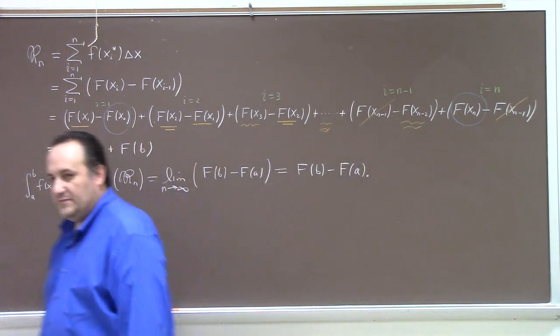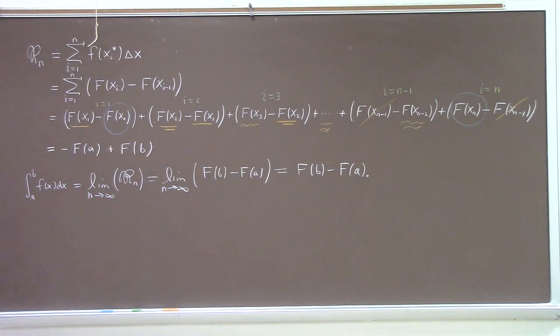So this is a rather different proof of the FTC II. Like the way we proved FTC II last class was far more elegant. But I like this proof because it does give you some sense of why it is that only the endpoints matter.